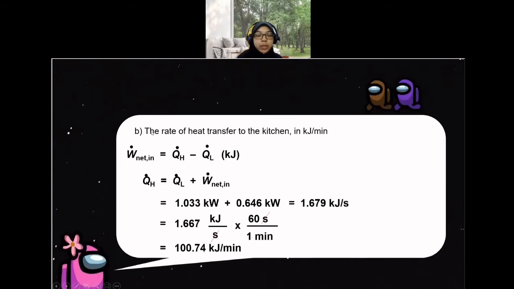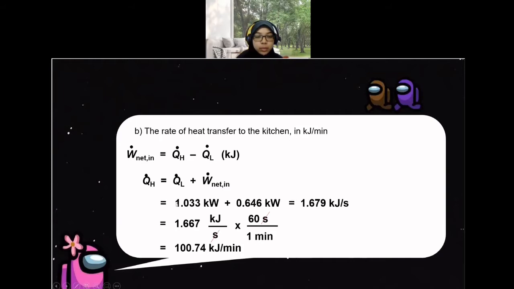Next question is question B. Question B is to determine the rate of heat transfer to the kitchen in kilojoule per minute. So we use the W dot in formula. W dot in equal to Q dot H minus Q dot L in kilojoule. And then we need to modify the formula to Q dot H equal to Q dot L plus W dot in.